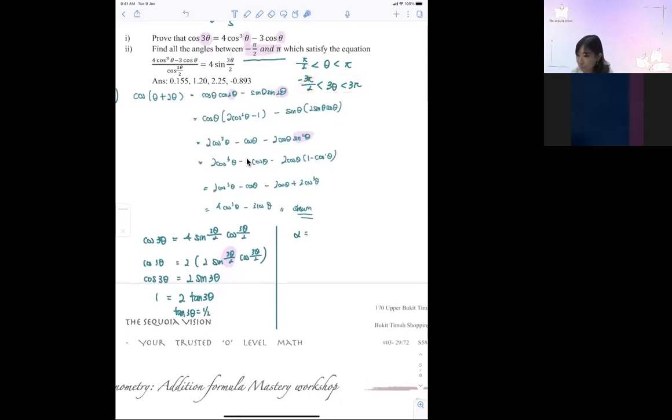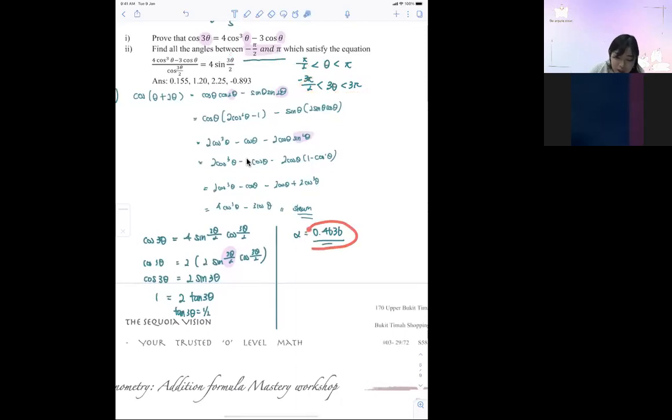Oh, yeah, I change. 0.4636. You divide by pi, see whether it can live in pi form. It is 0.1475. Cannot. So we just leave it in decimal, okay?